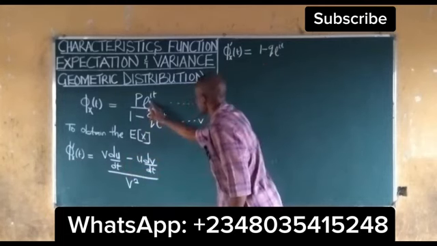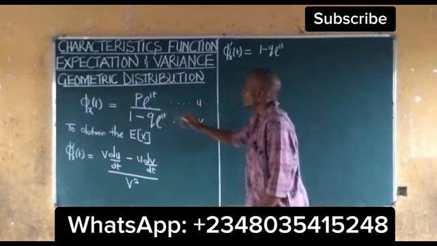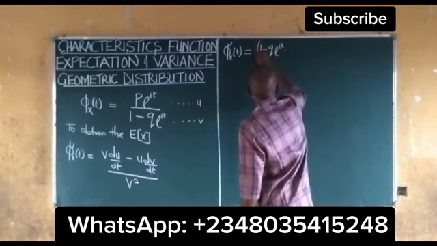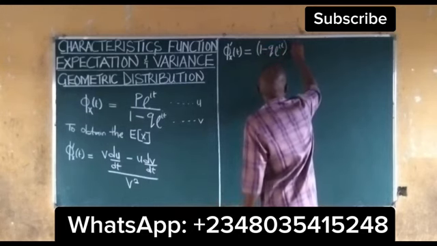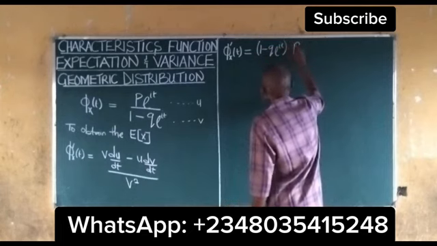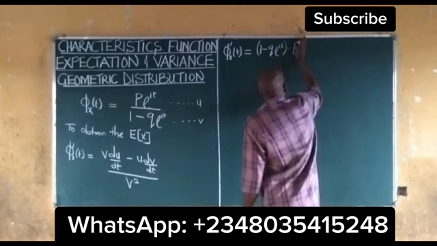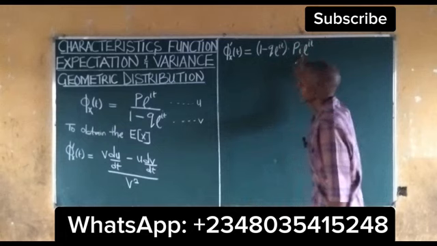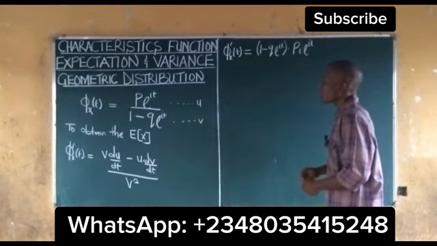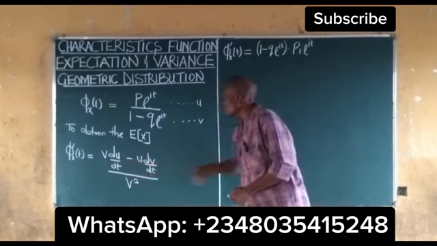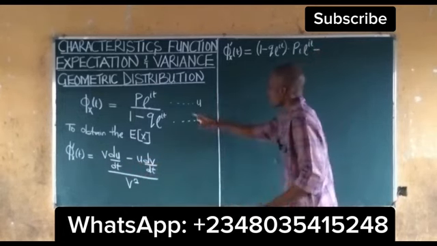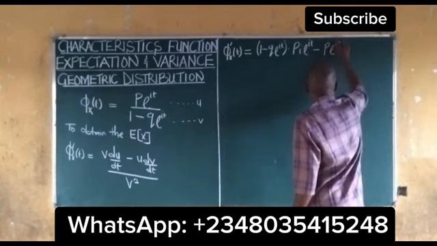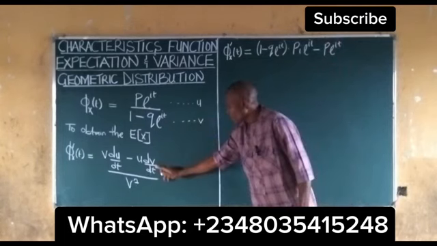The du over dt means we differentiate the numerator. If we differentiate this, we have p i e^(it), where the i stands for the imaginary unit. Now we have minus u, which is p e^(it), times dv over dt.